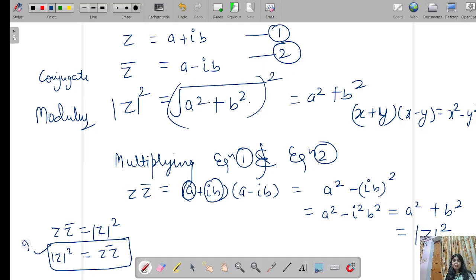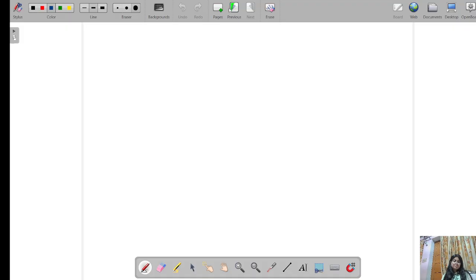Now this is very important for solving. And I have these modulus properties. Modulus of z1 z2 will open as modulus of z1 times modulus of z2, and the same in division also.